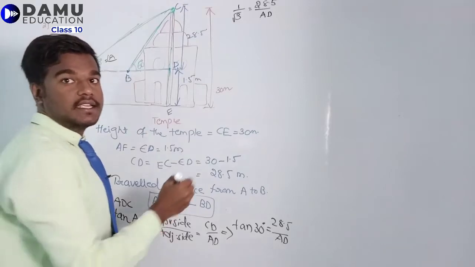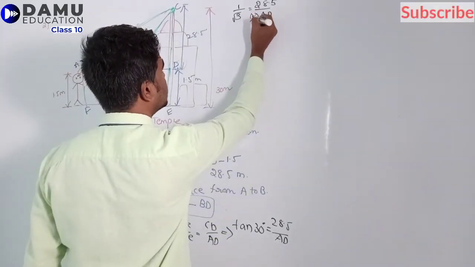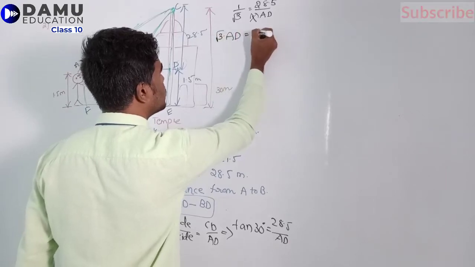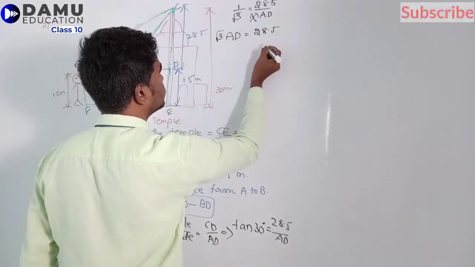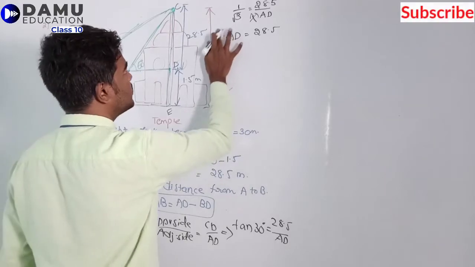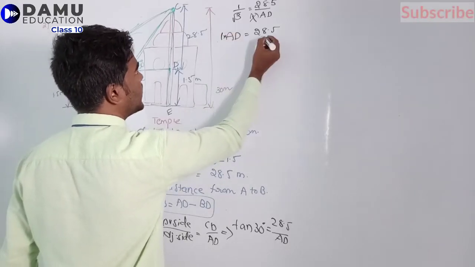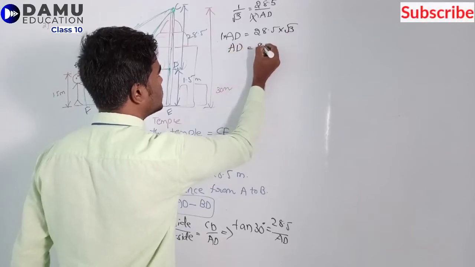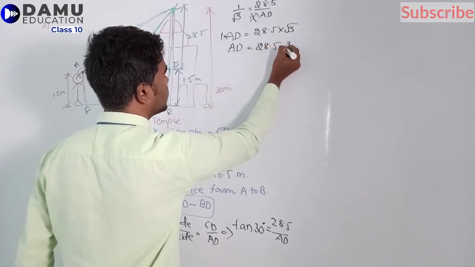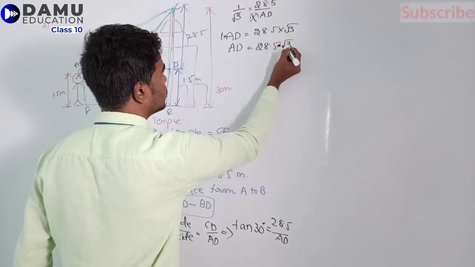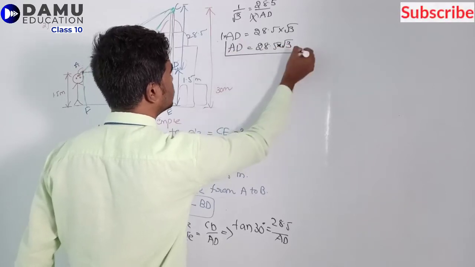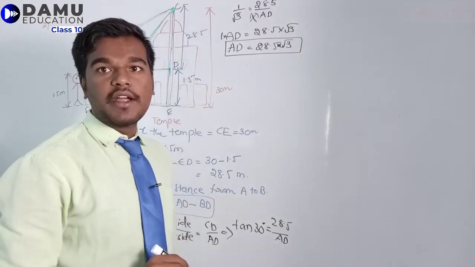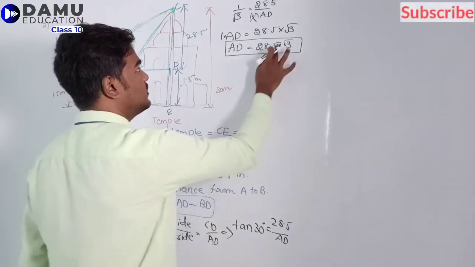Let's cross multiply. So AD will be equal to 28.5 root 3. So that is the case here. AD will be equal to 28.5 root 3.